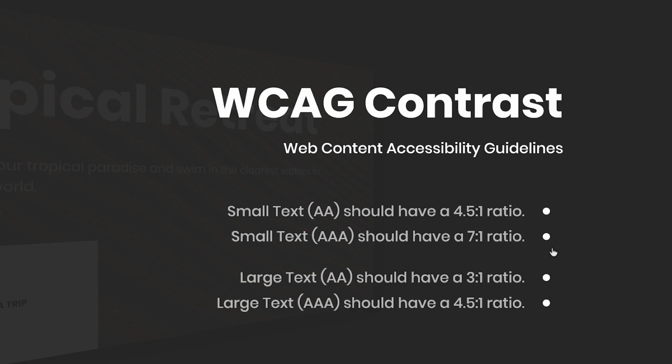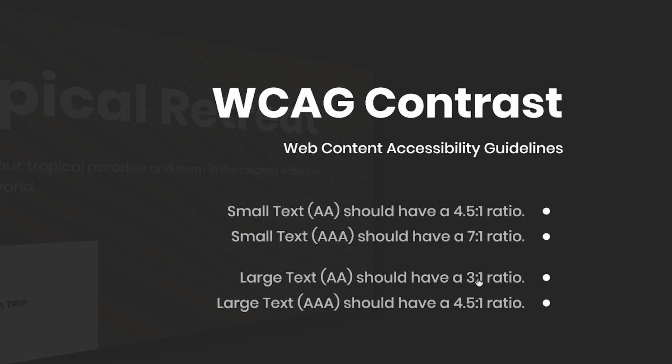So what does that mean? A higher ratio on the number on the left side of the colon means it's going to have a lot more contrast, essentially. And AAA means this is going to be really important type-based elements or icons or any type of element that needs to be visible. So large text, in this context of AA, should have a 3:1 ratio.